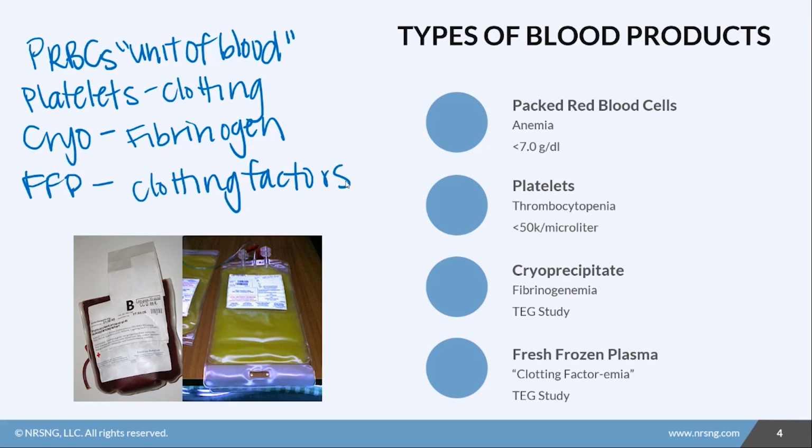Understanding the indications for use for each of these things is incredibly important, as well as knowing the thresholds for transfusing. So when we talk about PRBCs, we are replacing anemia. We're going to be looking at the patient's hemoglobin or hematocrit, depending on the provider's preference. Next, we have platelets. Platelets, we're looking at the patient's platelet count.